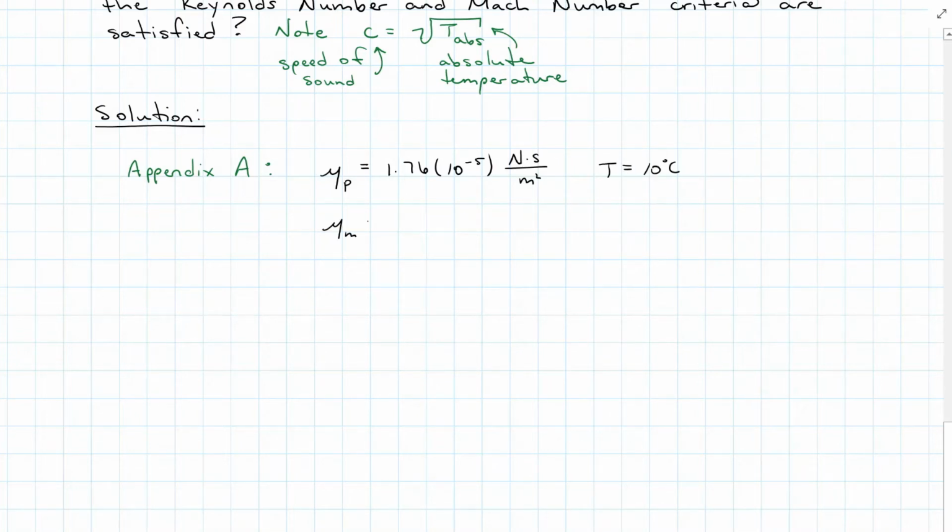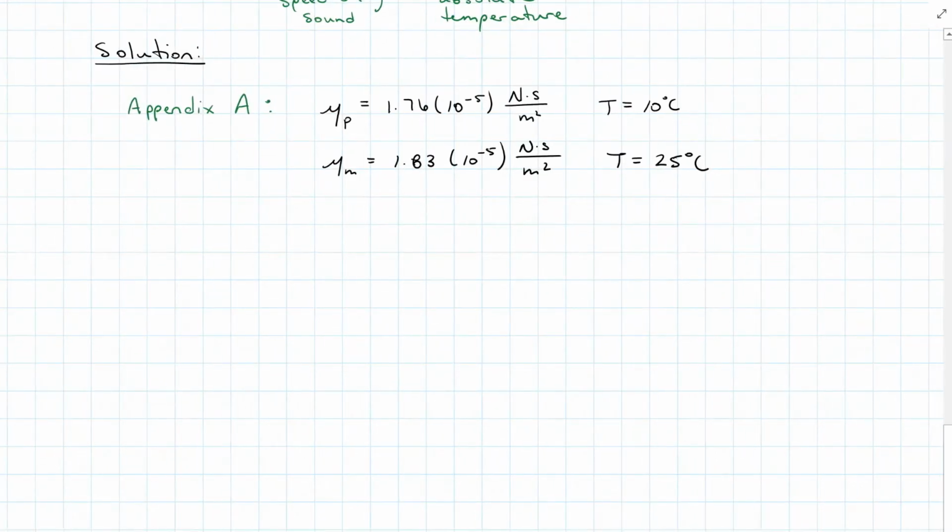And my model will have a viscosity of 1.83 times 10 to the negative 5 Newton seconds per meter squared when the temperature is 25 degrees Celsius. I also do a quick temperature conversion, and 10 degrees Celsius is equal to 283 Kelvin, and 25 degrees Celsius is equal to 298 Kelvin.